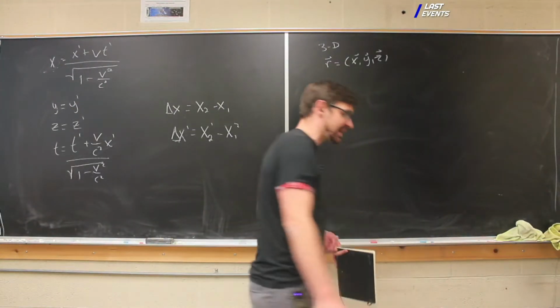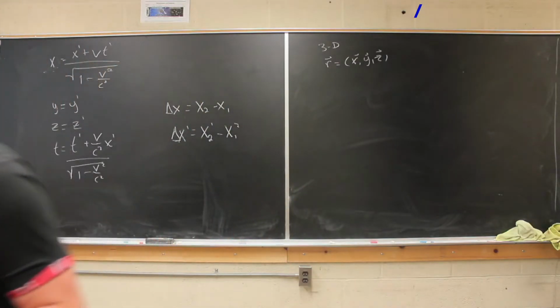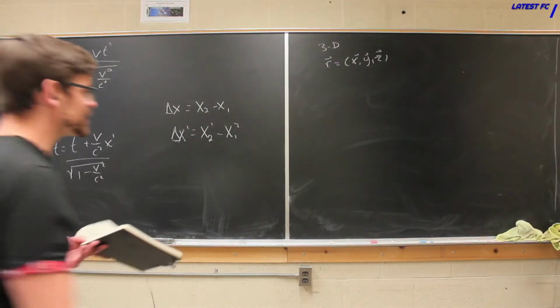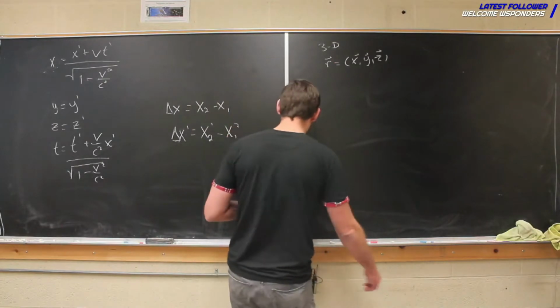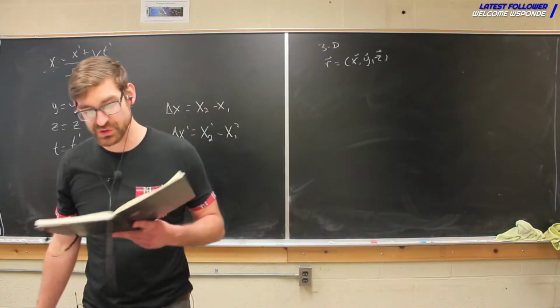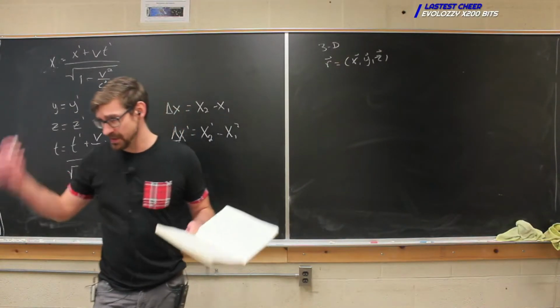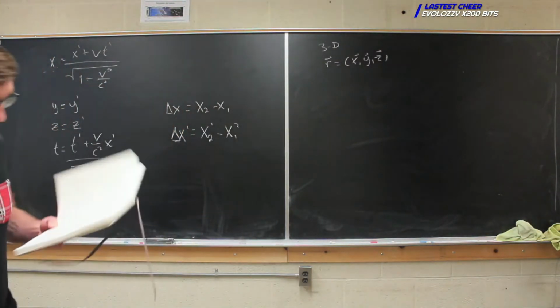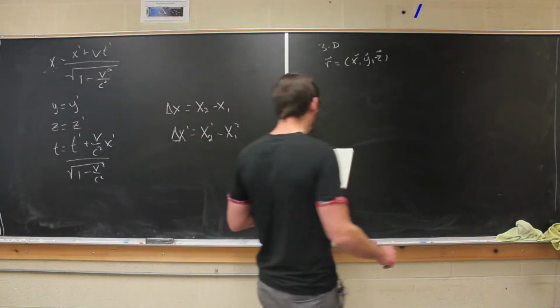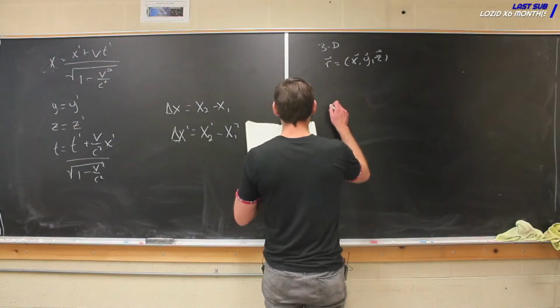But if we included time in a rotation, then that was obviously going to be a much more challenging thing that we had to deal with last week, where we had to use hyperbolic trigonometry to motivate those transformations. So now we're again going to be very careful to include time into this.